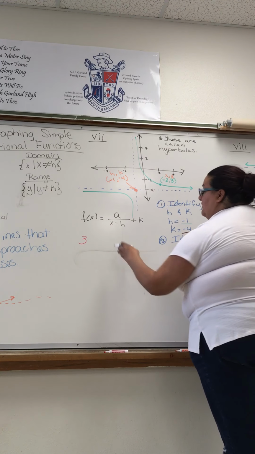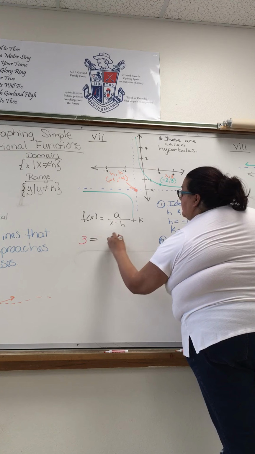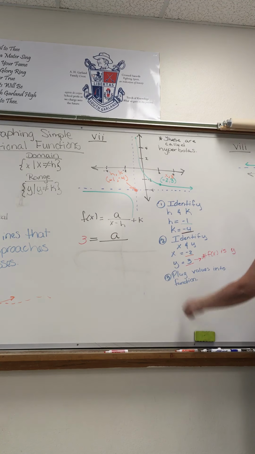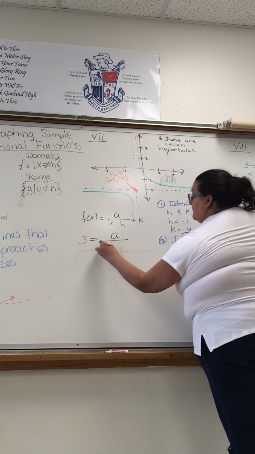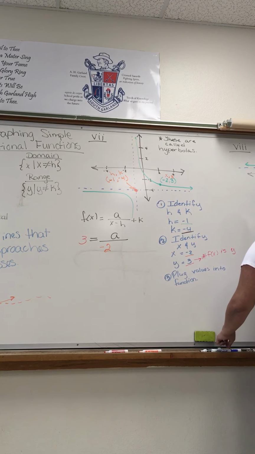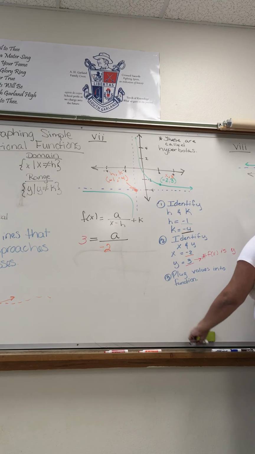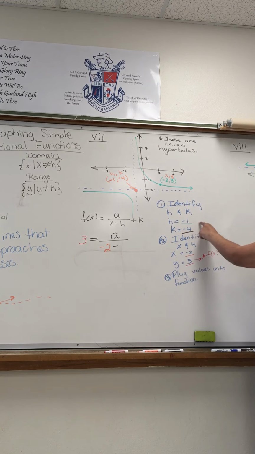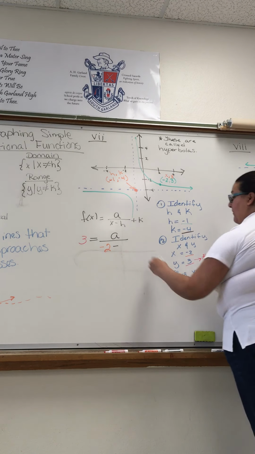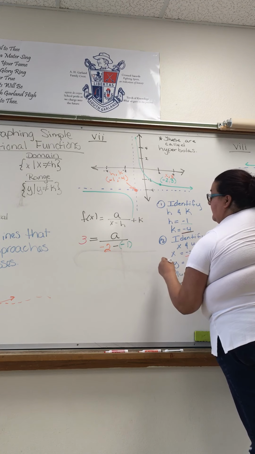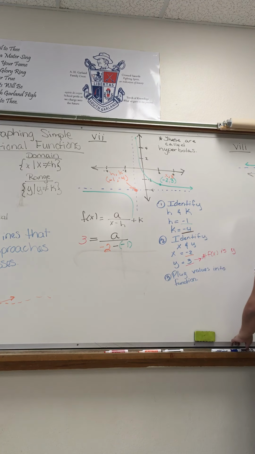So 3 equals to a divided by, and then x is equal to -2 minus, notice how h is negative, so I'm going to go ahead and put parentheses so I can account for that -1. And then k is -4.